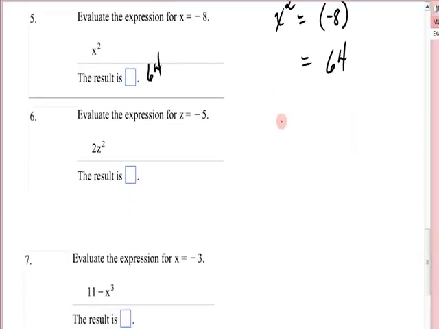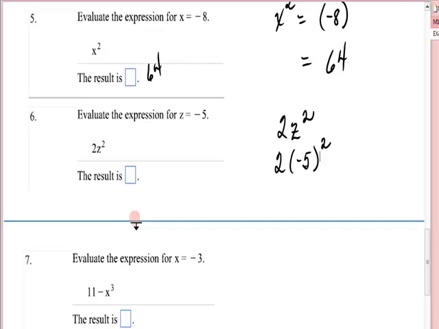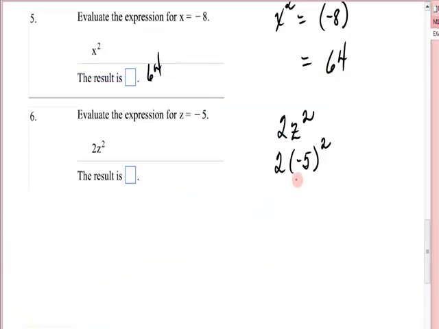Number 6 has 2z squared. So that's 2 times, the value of z is -5, be sure you put it in parentheses, squared. We're going to do exponents first. So -5 times -5 is positive 25. Going to then multiply that by 2 for 50.